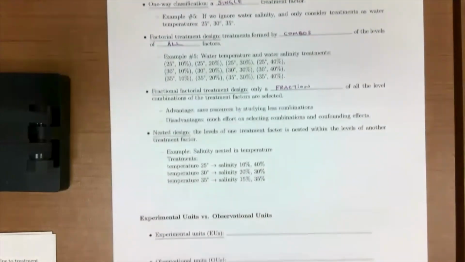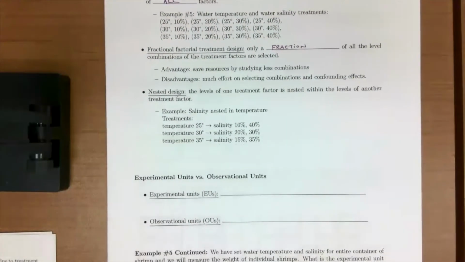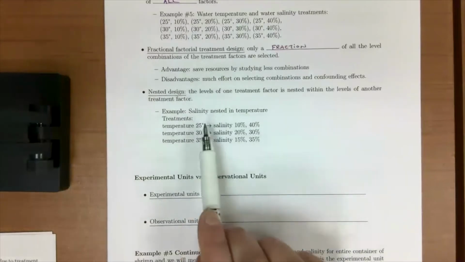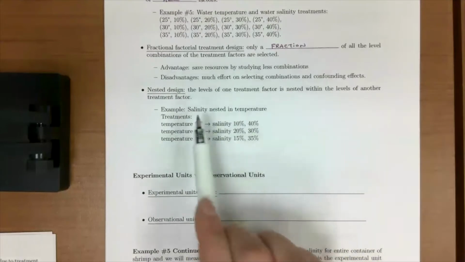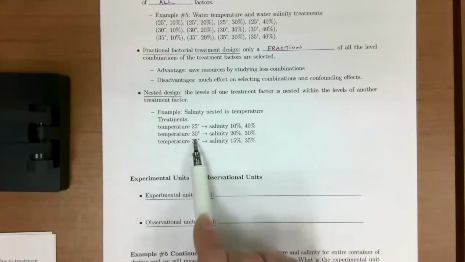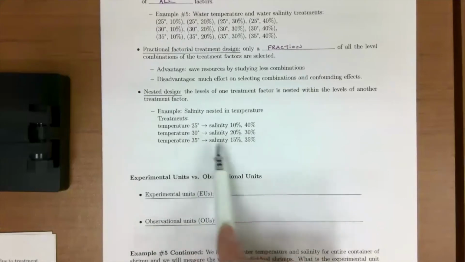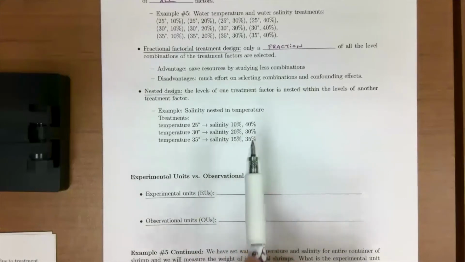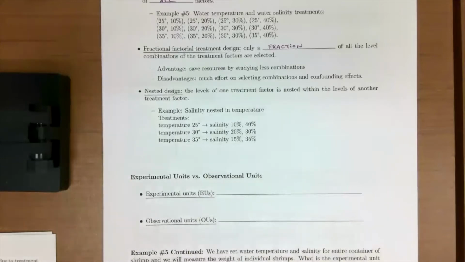Another design that we're going to briefly discuss is nested designs. And this is the level of one treatment factor is nested within the level of another treatment factor. So for instance, we have saline nested in temperature. Temperature 25, we have saline at 10%, 40%. Temperature 30, we have these 2 salines, and 35, we have these 2 salines. So a nested design comes into play when the properties of one level vary depending on the level of another factor it's associated with.